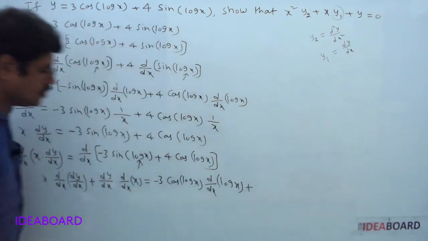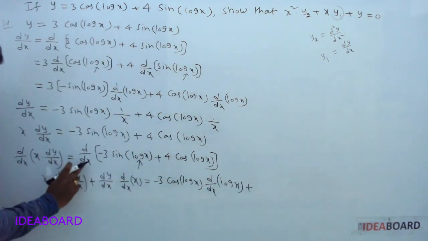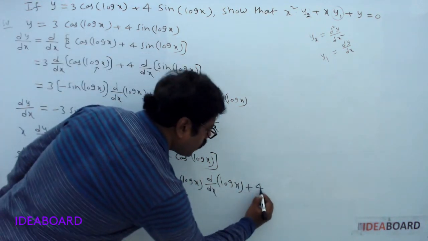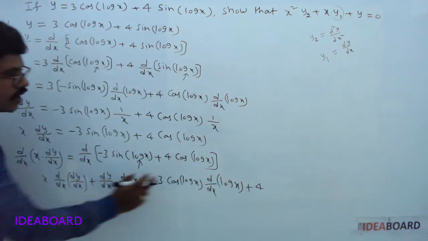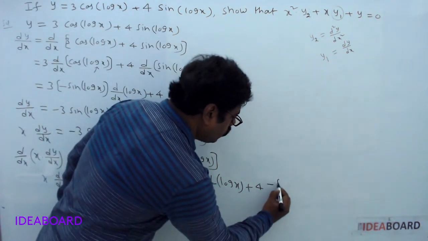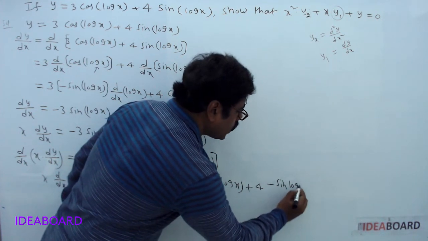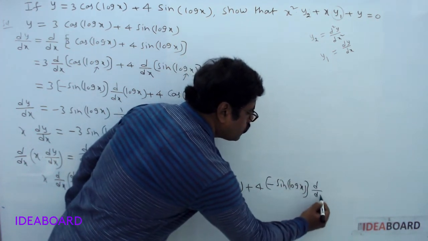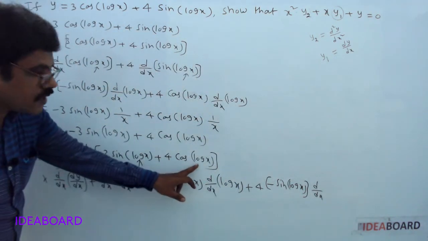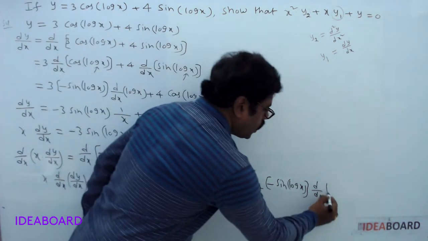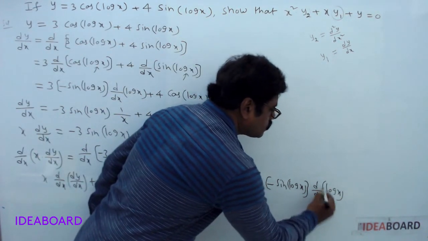Then plus 4 into derivative of cos of log x. Cos of log x derivative is minus sine of log x into derivative of the angle, which is log x. So derivative of log x.